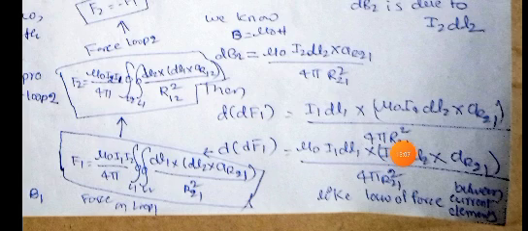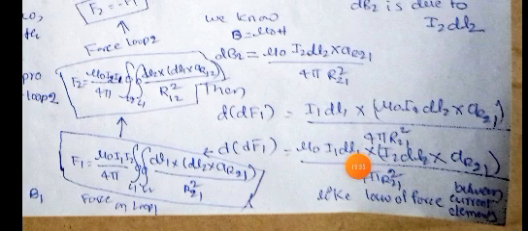So d2F1 is equal to, taking mu naught outside, mu naught I1 dL1 cross I2 dL2 cross aR21 by 4 pi R21 square.